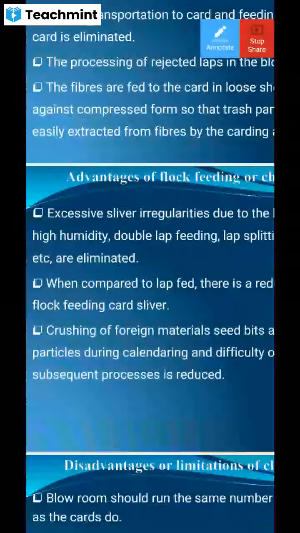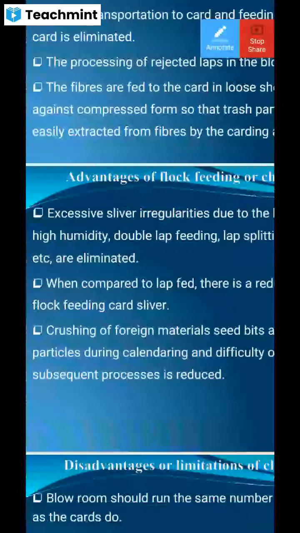We fix the standard relative humidity department wise. In the blow room and carding, we fix the standard relative humidity percentage at around 55. In the preparatory area, comber, pre-comber and drawing, we go for 55 to 60% RH. In simplex and spinning, we maintain 55% RH. In autoconer, we maintain 60 to 65% RH.